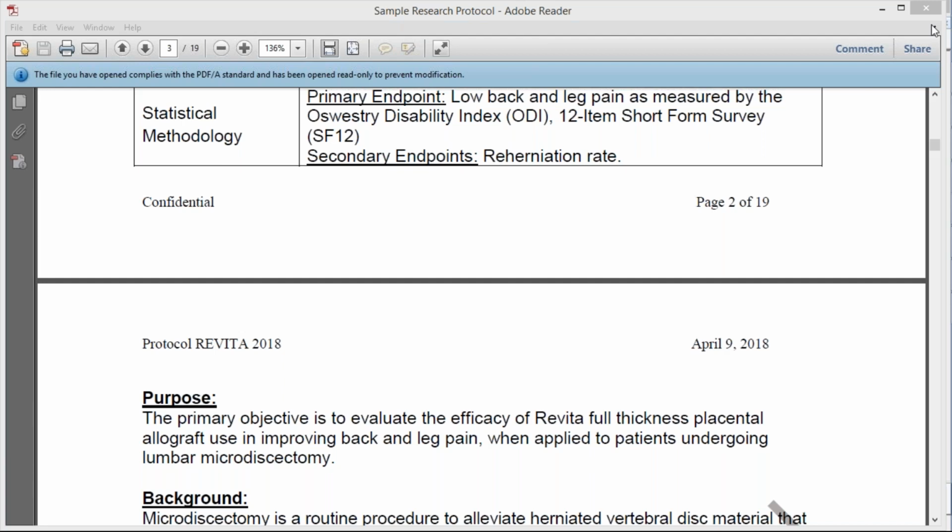But here we are using Revita as a barrier membrane, full thickness placental allograft. So we are expecting there will be less chance of reherniation. That leads to lesser low back pain, and there is an improvement in the back and leg pains.